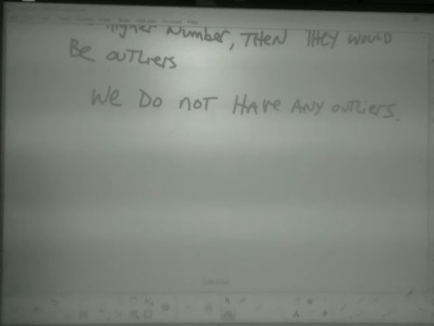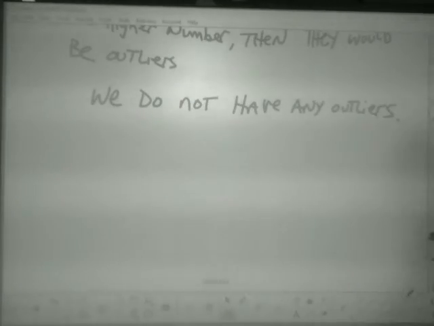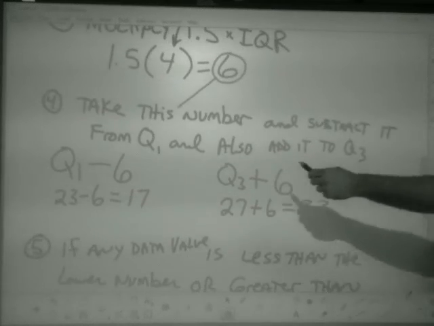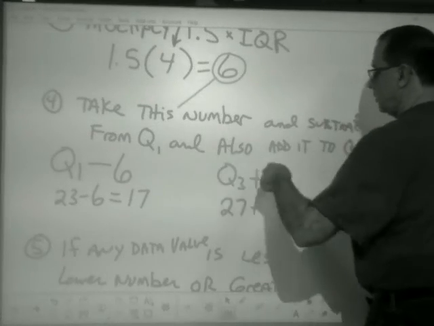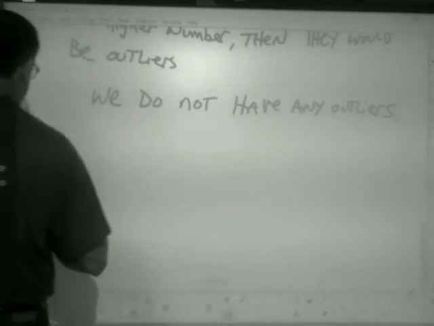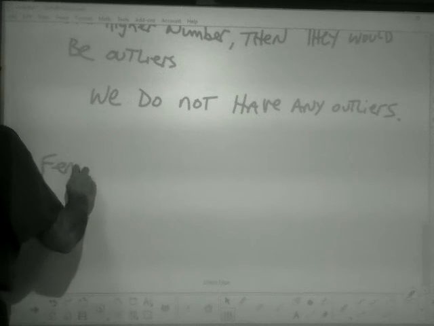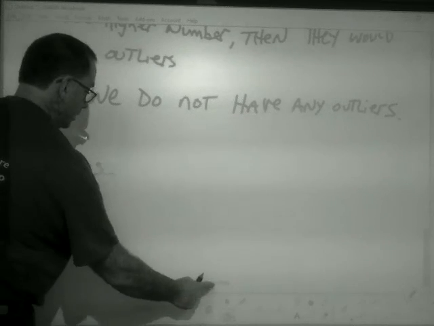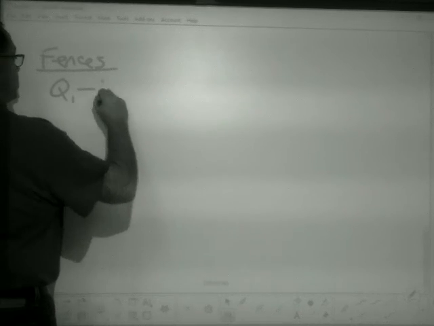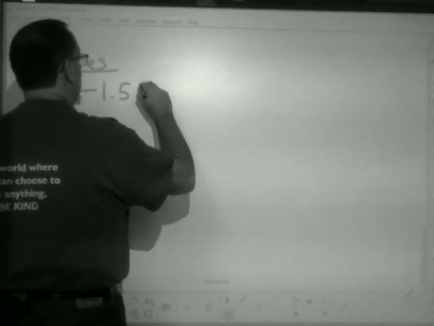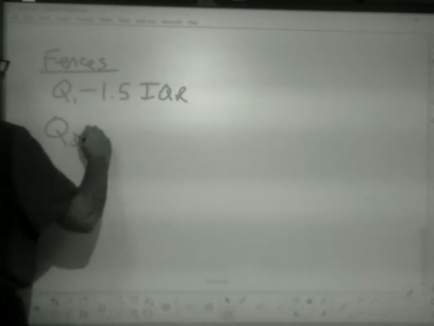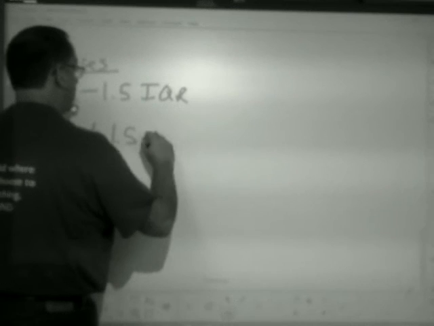Those two marks that we use, sometimes people call those the fences. All right, this Q1 minus this number and Q3 plus. Let me show you how we might see those fences. One way you might see that would be Q1 minus 1.5 IQR and Q3 plus 1.5 IQR.